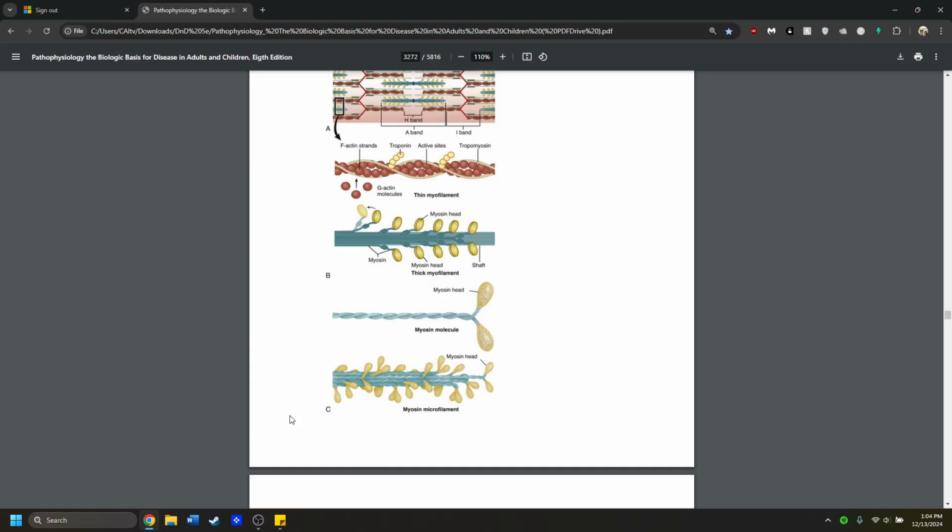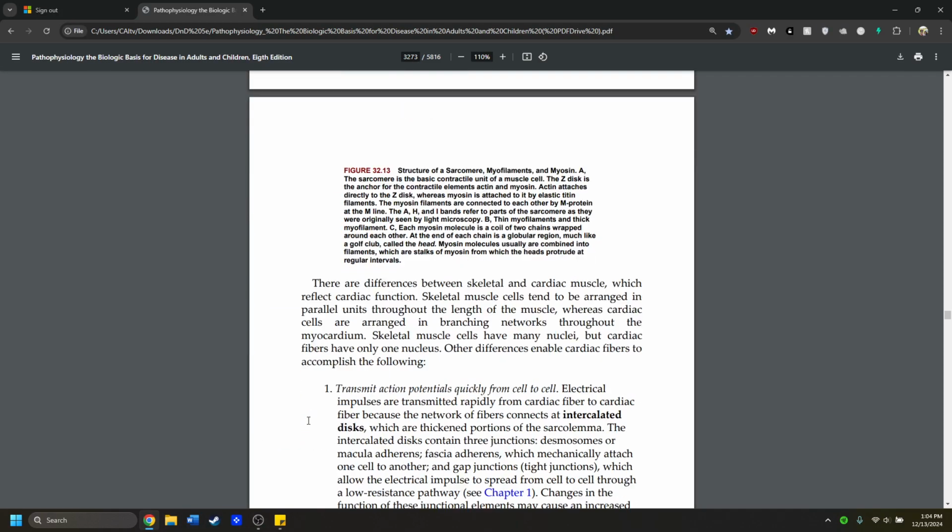I'm not sure really what we're looking at. Your thick myofilament, your myosin molecule, and your myosin microfilament. Oh, I see. That does make a bit more sense.